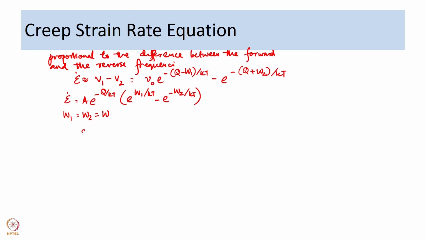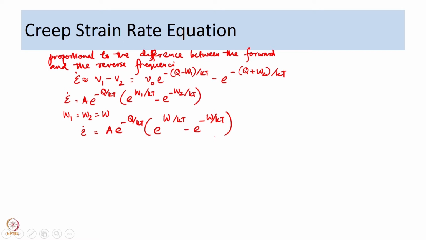So, then strain rate becomes A e to the power minus q over kT into e to the power W over kT minus e to the power minus W over kT.